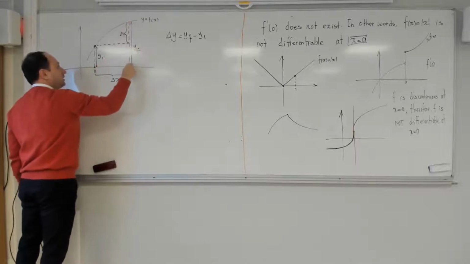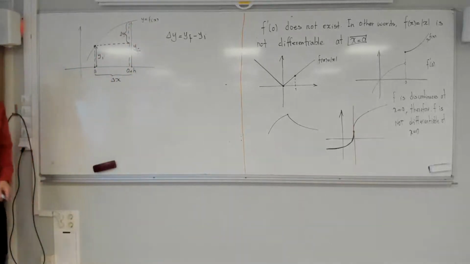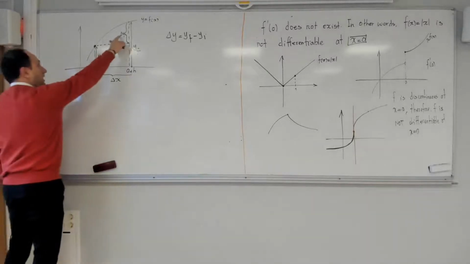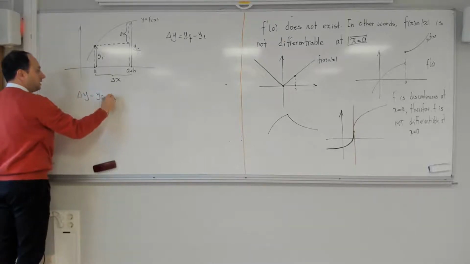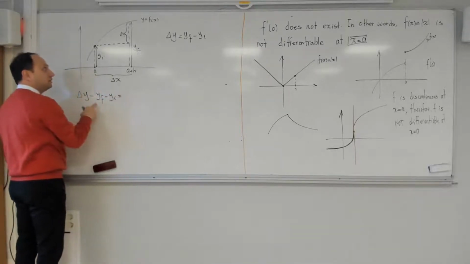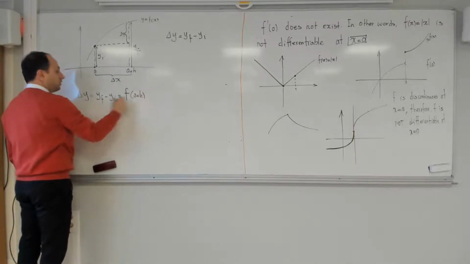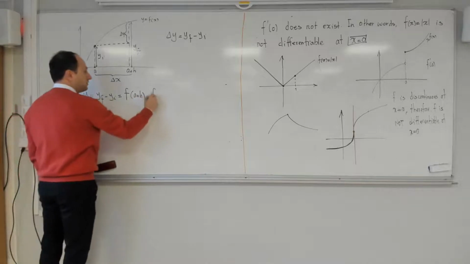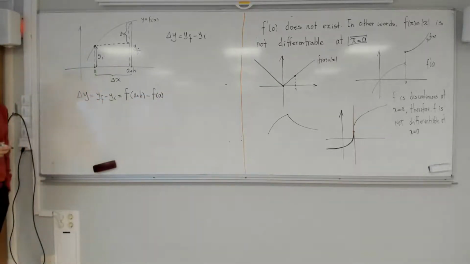So y final minus y initial becomes exactly this. Can you write a formula for delta y? You would say yes, because this is y final minus y initial. What is y final? y final is f of a plus h. What is y initial? It is f of a. So this is f of a plus h minus f of a.